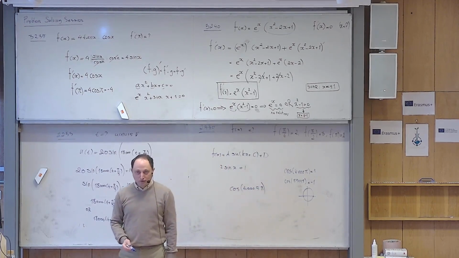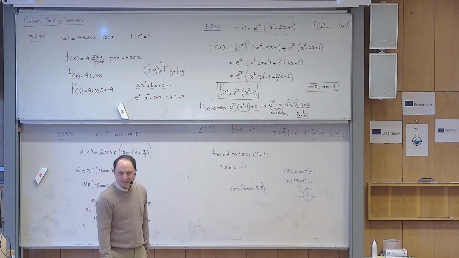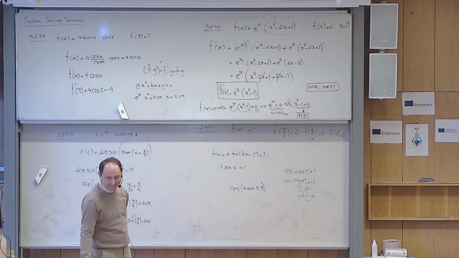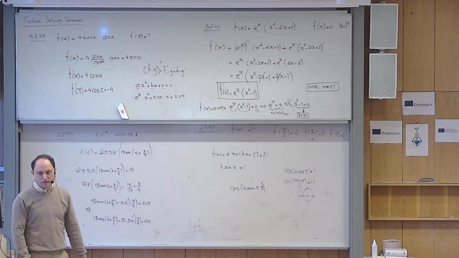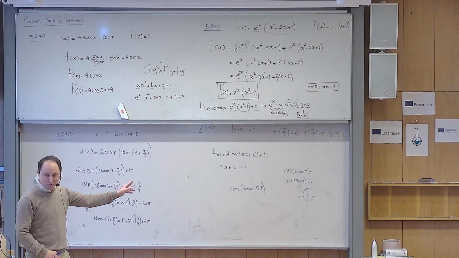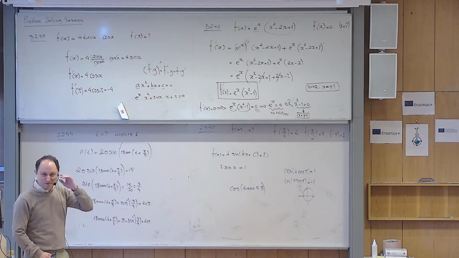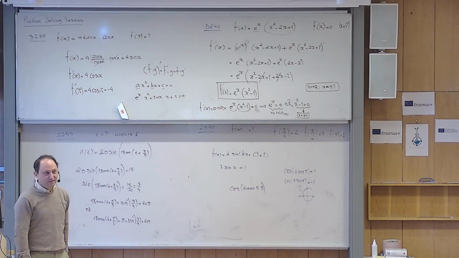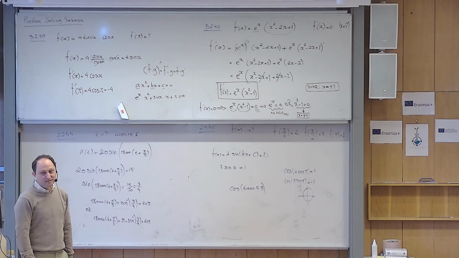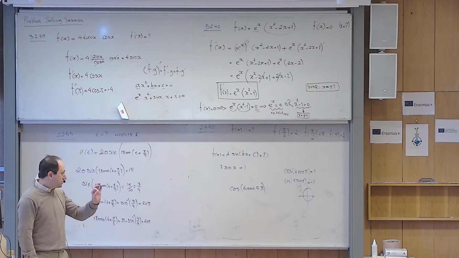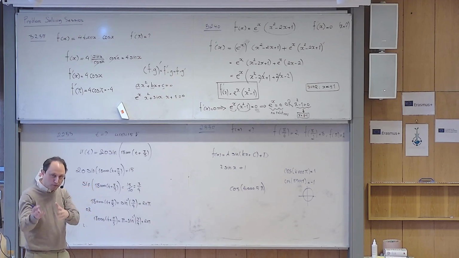What is the cosine of 6,000.5 pi's? Don't get confused. This is super important. By the way, this might be an E-level question. So what is this number? 6,000.5 times pi.